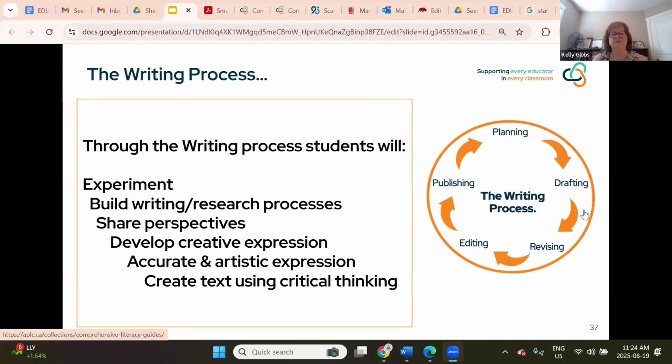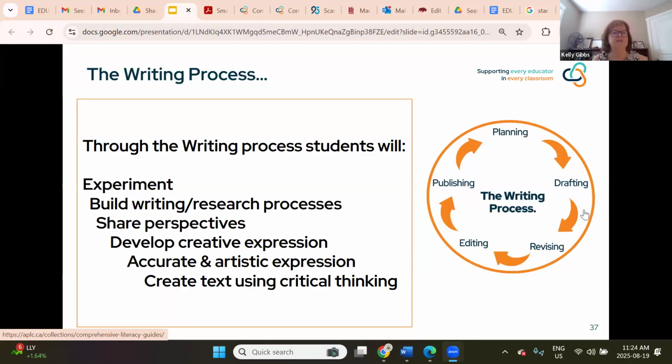So the writing process, of course, is very familiar to people. How you go about doing that is entirely up to you. If you have different purposes for different parts, you don't have to do start to finish for every writing process. The whole idea in the curriculum is that students start with experimentation.